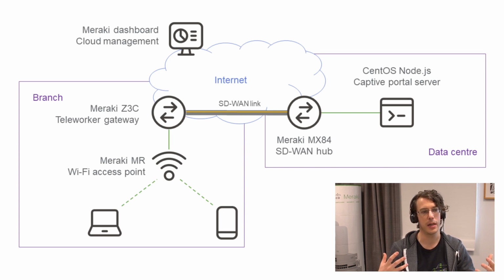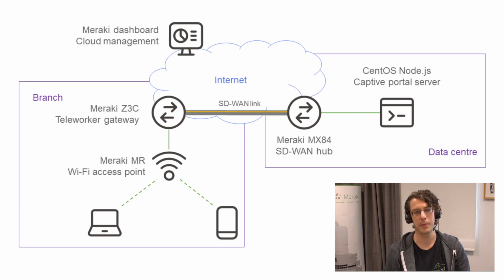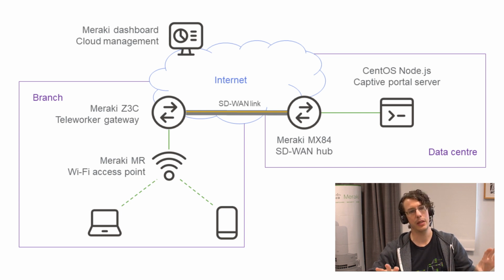Then between my teleworker gateway and my data center, I have a so-called software-defined WAN link, which means it's a VPN technology that can do all sorts of fancy features with application load balancing and so on. And these two create the connectivity between my branch side and my data center.